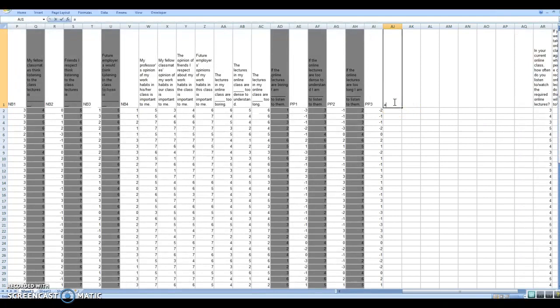When we multiply belief evaluation by belief strength, we get an attitude. So it's going to be a space for attitude 1, attitude 2, attitude 3, attitude 4. I had 4 attitudes, right? Then we have our subjective norms, SN1, SN2, SN3, and SN4.